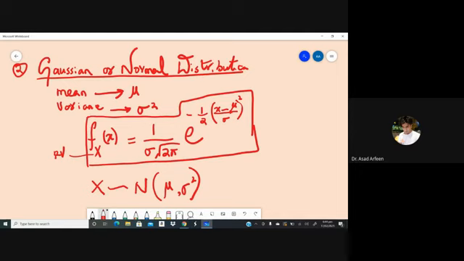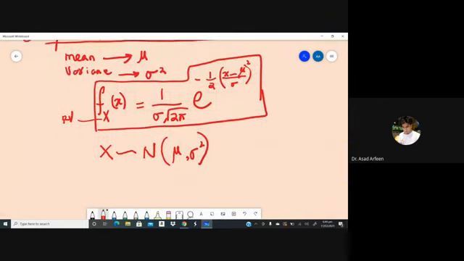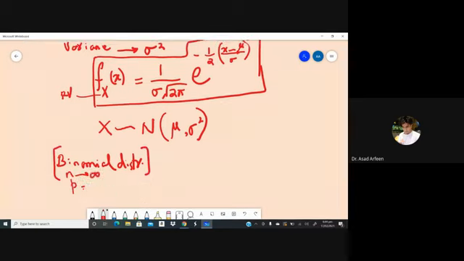You can see in various books of statistics that if you have a binomial distribution, and n tends to infinity with the probability of a single event constant, then it tends to the normal distribution.